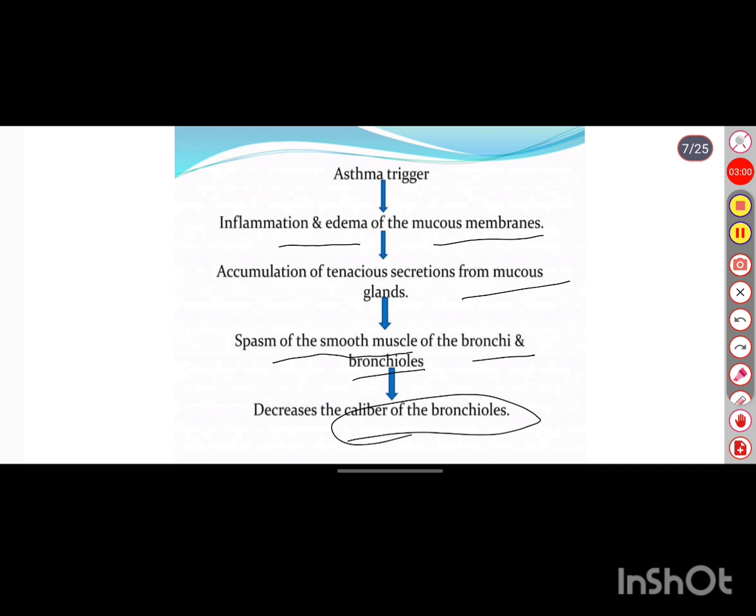Whenever the caliber of the bronchioles is diminished, they react easily to allergens, causing narrowing of the bronchioles, resulting in the symptoms of wheeze and difficulty in breathing.